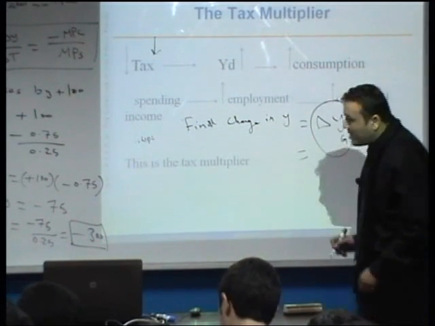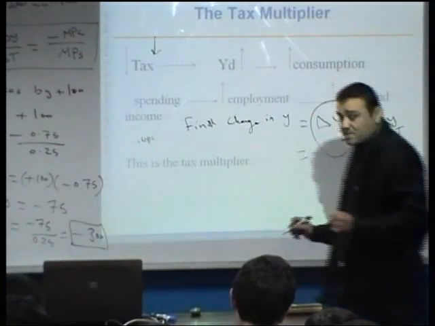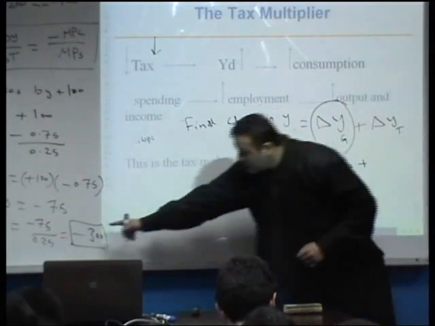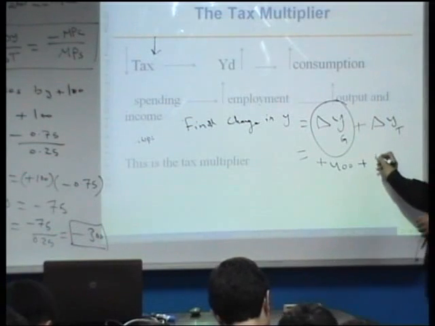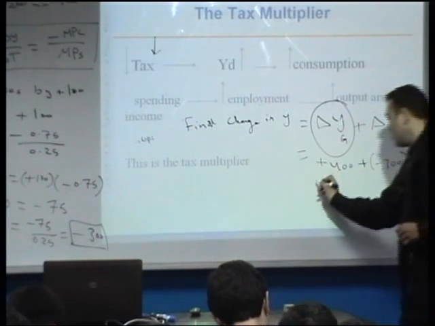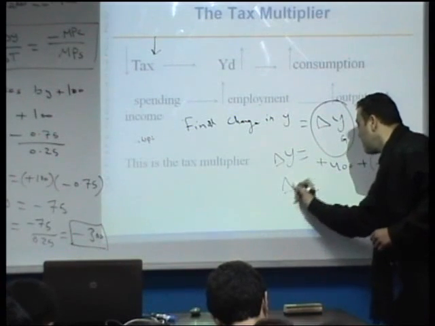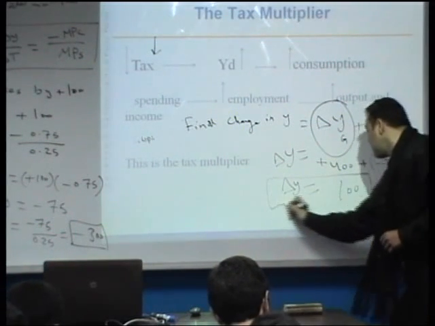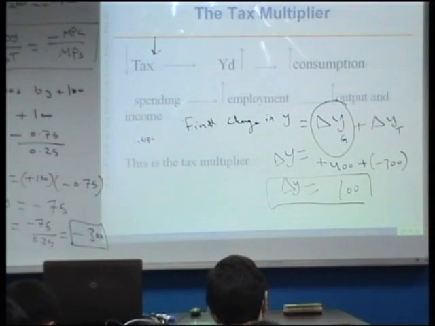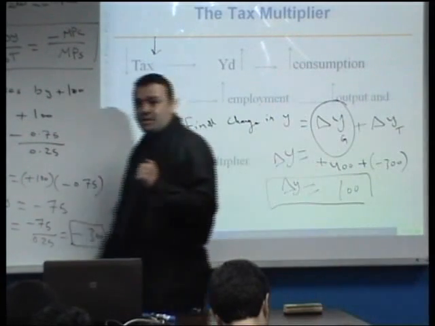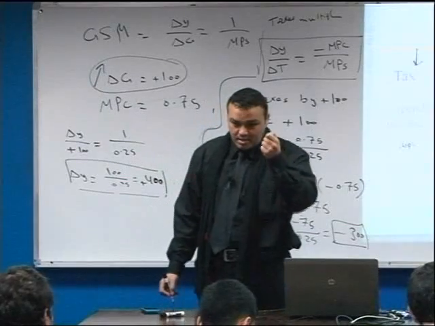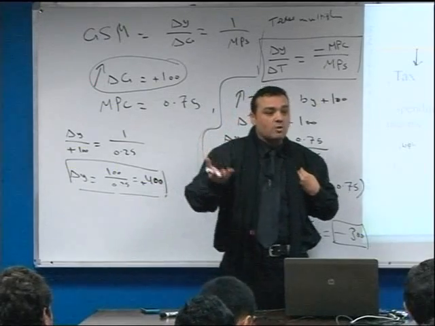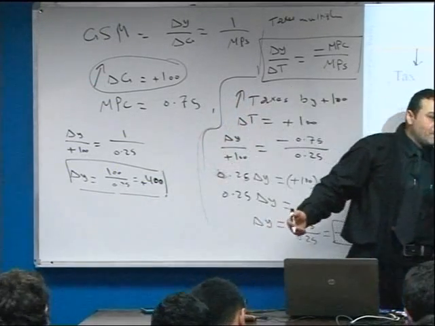Delta Y G equals positive $400 million, plus delta Y T, minus $300 million. So the final delta Y equals 400 minus 300 equals $100 million. So, in this case, when the government decided to spend $100 million and collect taxes of $100 million, the aggregate output would increase by $100 million.